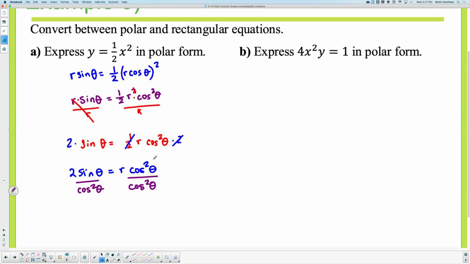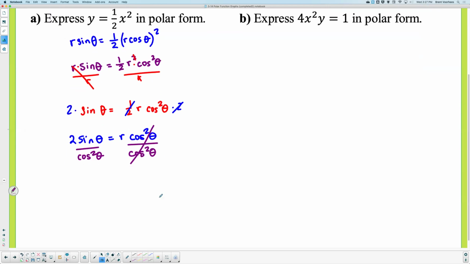And to clean that up a little bit, if you use your identities, I'll write it this way. This is the same thing as 2 sine theta divided by cosine theta, times one over cosine theta: cosine times cosine.